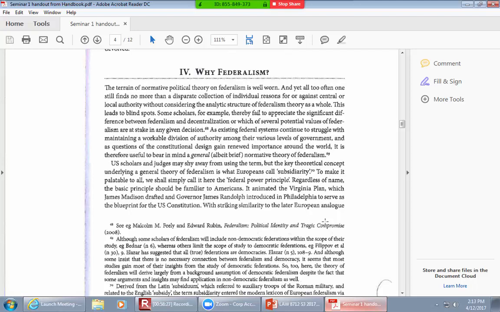No, you need much more than that. You need to have under subsidiarity a normative signal, a moral signal, for which organizational structure should be the primary one. Okay.